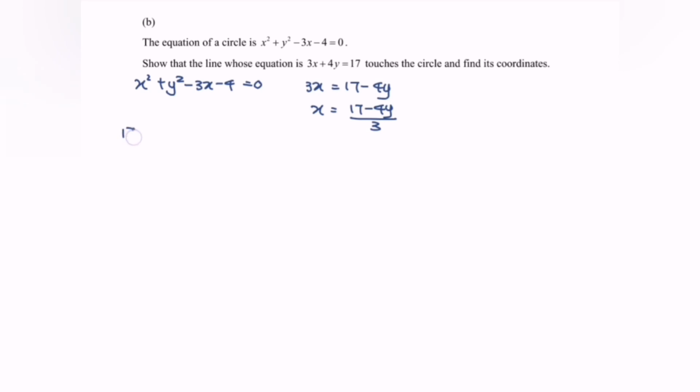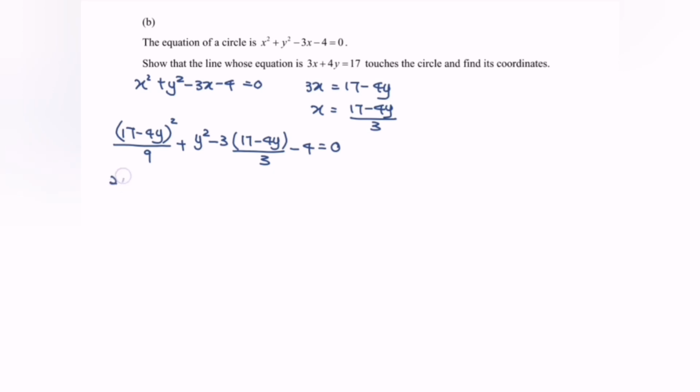So where we will have (17 minus 4y) squared over 9 plus y squared minus 3 multiplied by (17 minus 4y) over 3 minus 4 equals 0. Kindly simplify the situation and expand the 17 minus 4y.